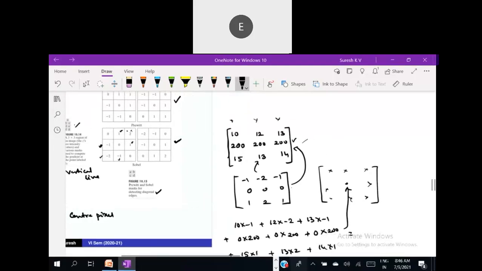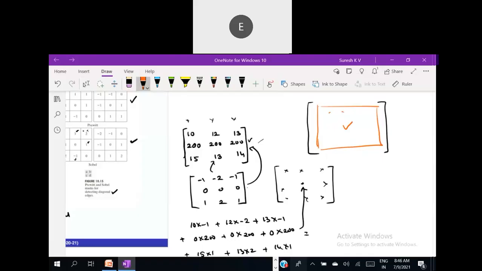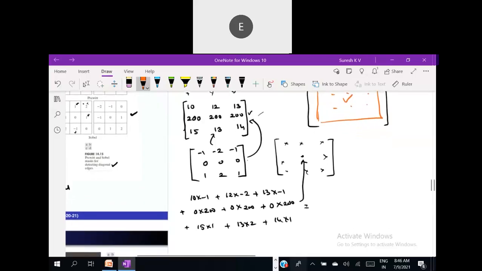So what they do is they will actually give you a bigger image. The only thing is the border pixels, you can neglect them. You need not worry about the border pixels, but the rest of the pixels you have to calculate. All these pixels you have to calculate, and you have to give the resulting value.